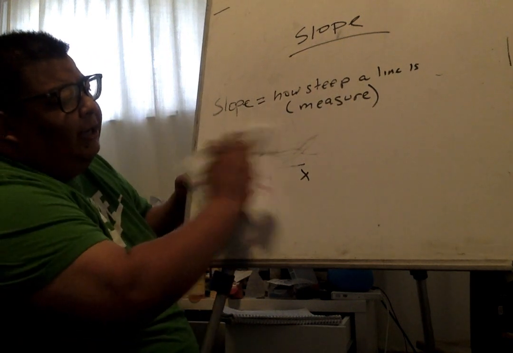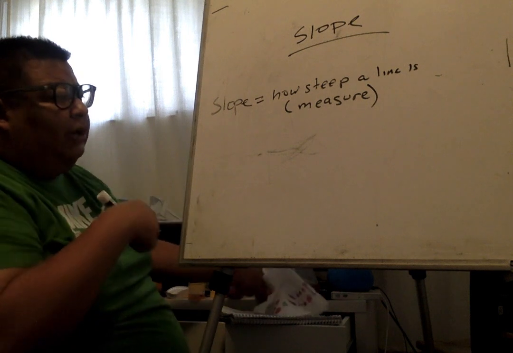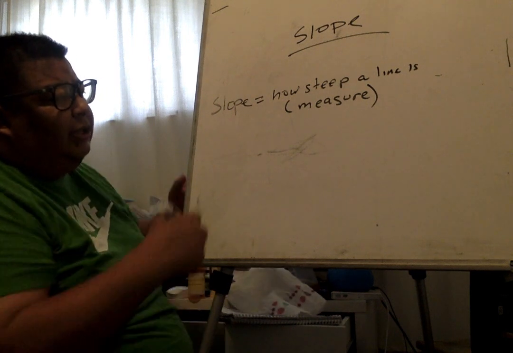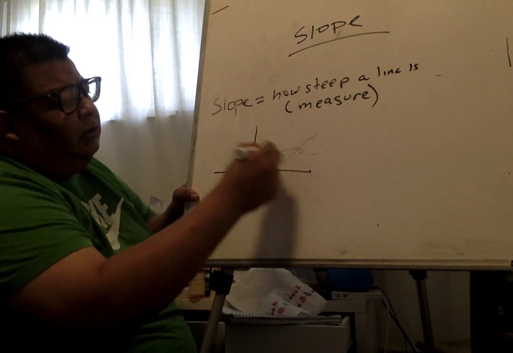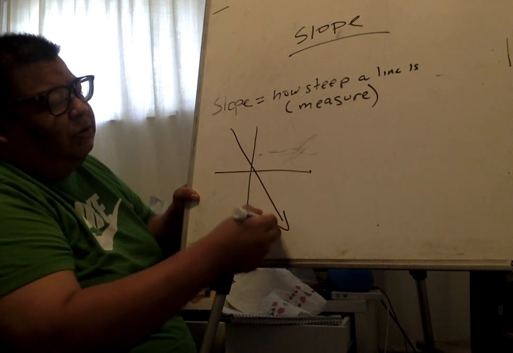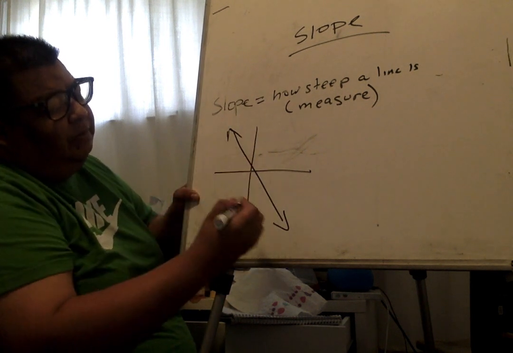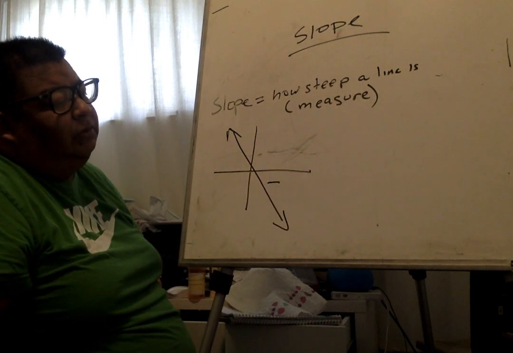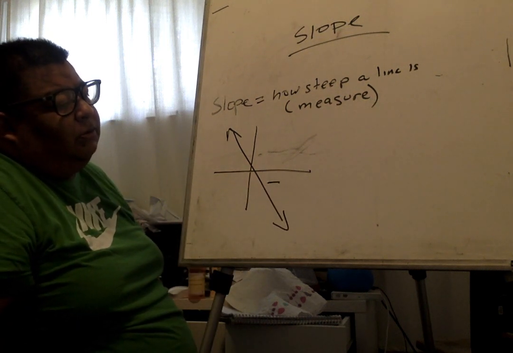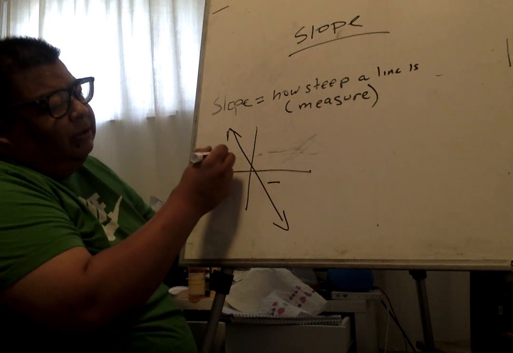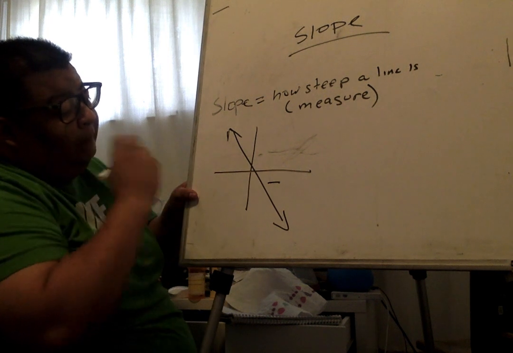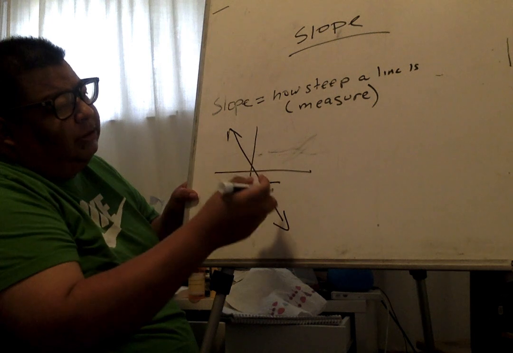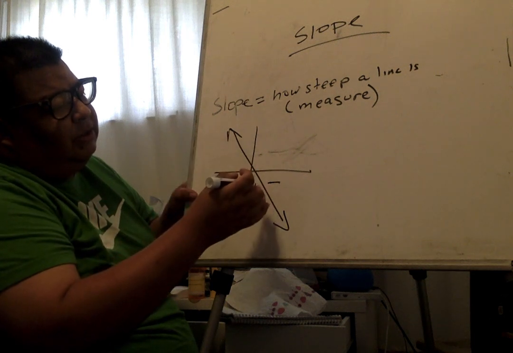Now let's look at a negative slope. What kind of line has a negative slope? If you have a line that goes downward like that, then this has a negative slope. The steepness works the same way.